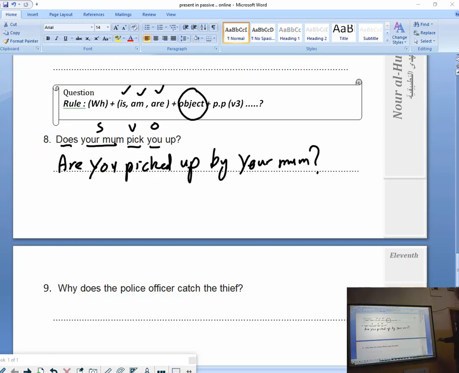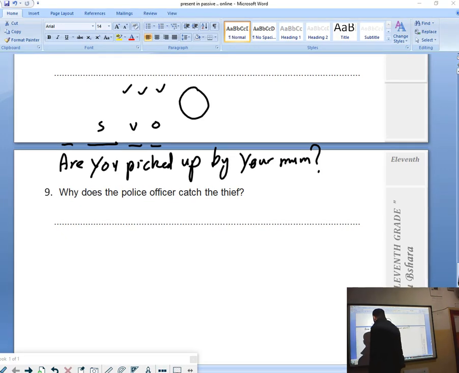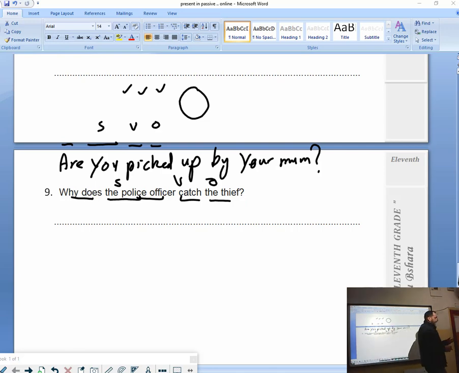Okay, the last one. It is also a WH question. Why does the police officer catch the thief? We will divide this sentence. The police officer is the subject, catches is the verb, the thief is the object, and this is the question mark and the auxiliary verb.